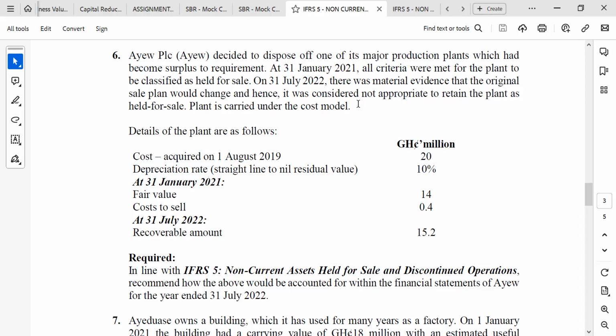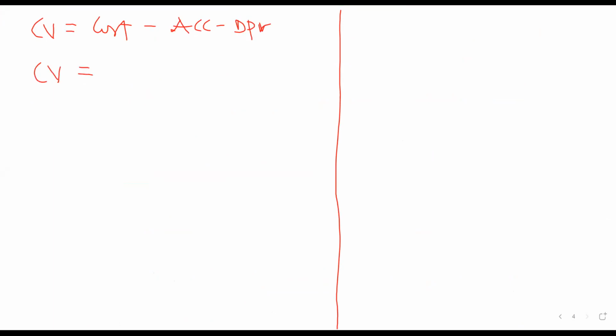carrying value. All right. The carrying value will be the cost minus the accumulated depreciation. What is the cost of the asset? It's 20 million.